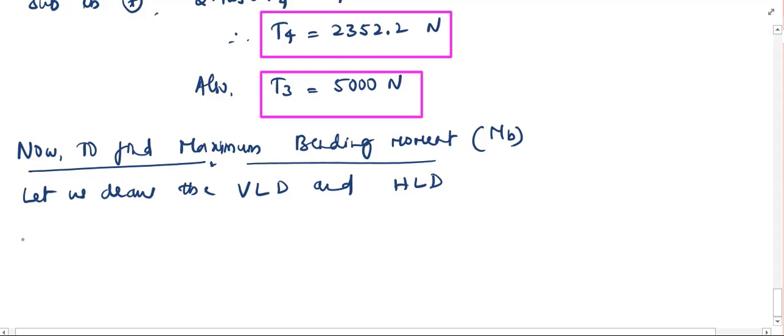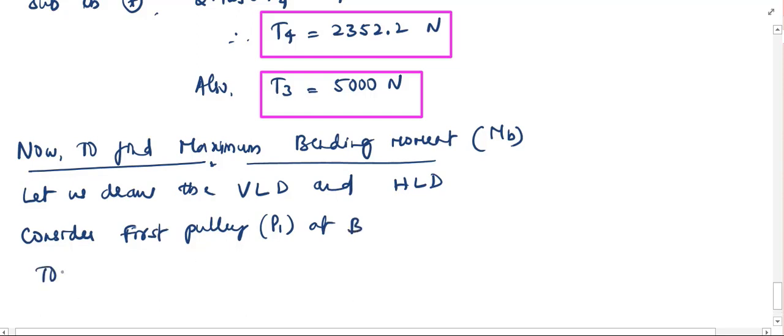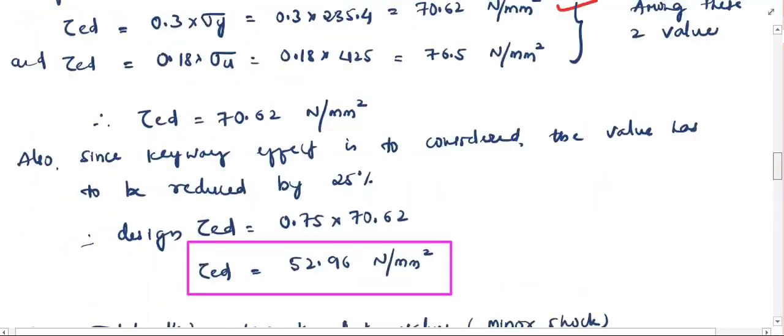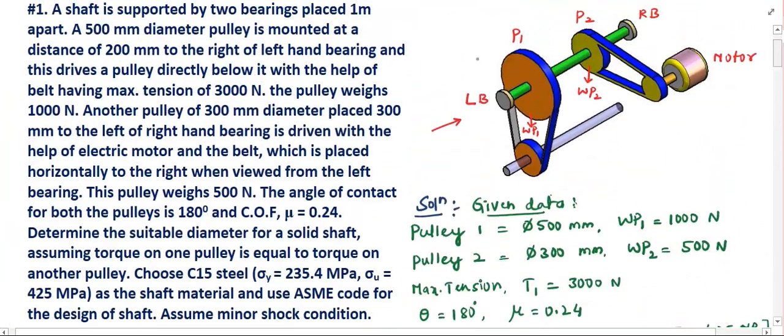So let me consider the first pulley P1 at B. Therefore, the total vertical force on the pulley is equal to T1 plus T2 plus WP1. As you can see here in the three-dimensional figure, this is your T1 and this is your T2, the tensions in the belt.